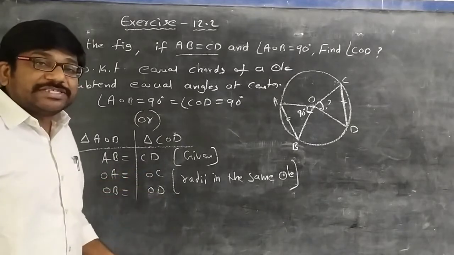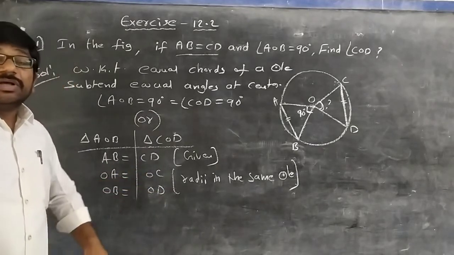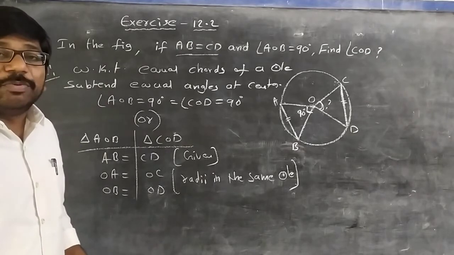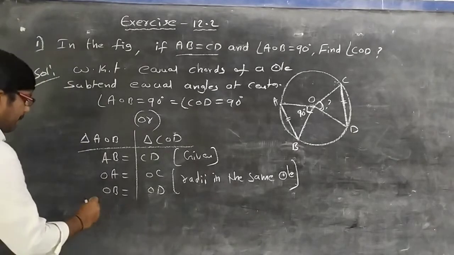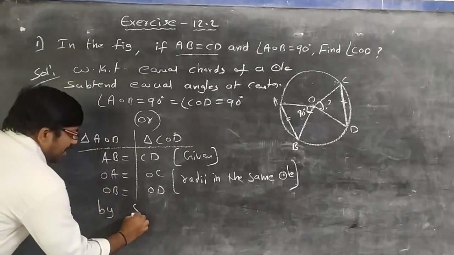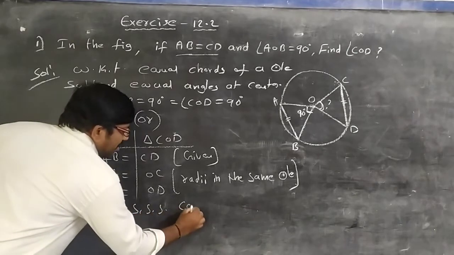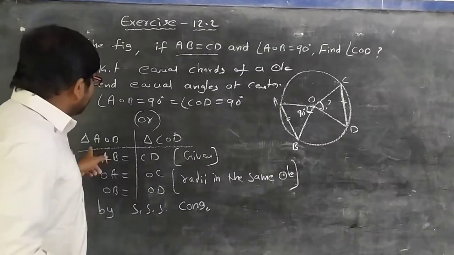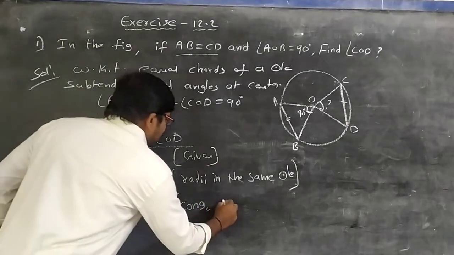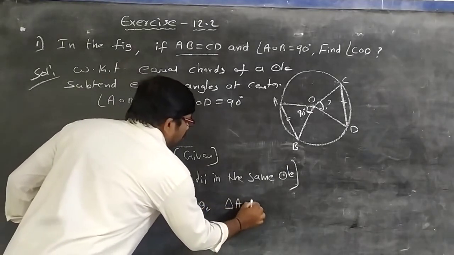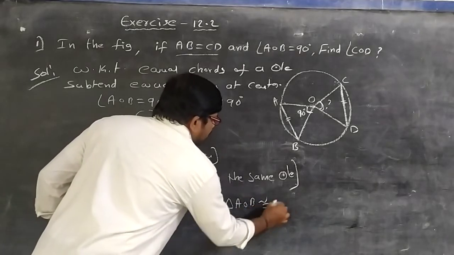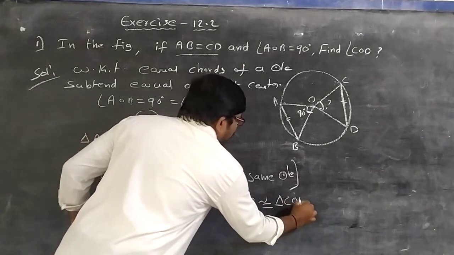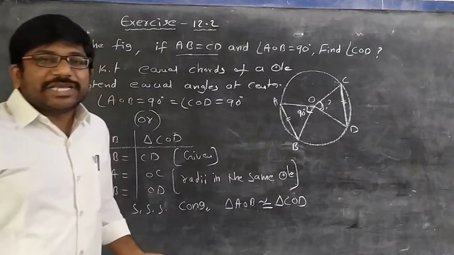Then the two triangles are congruent. By which congruency rule? By the SSS congruency rule. By SSS congruency, the two triangles are congruent. Triangle AOB is congruent to triangle COD, right?